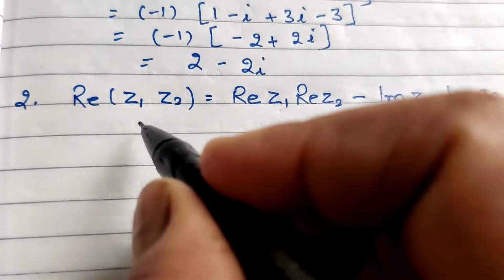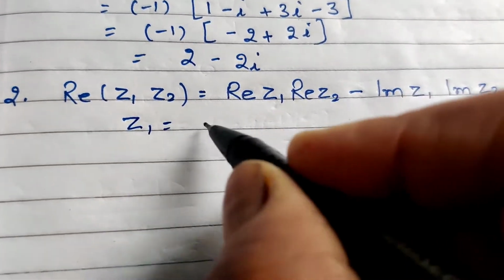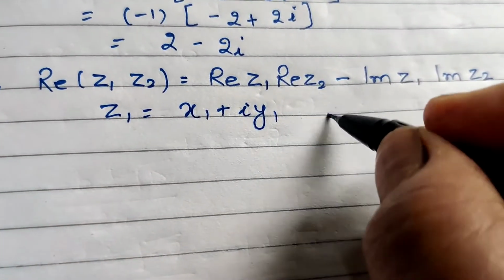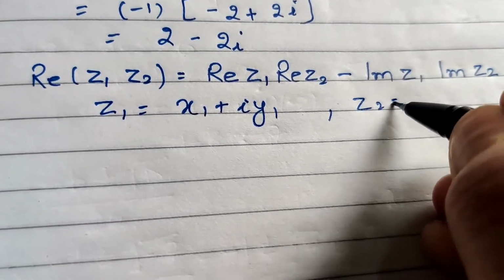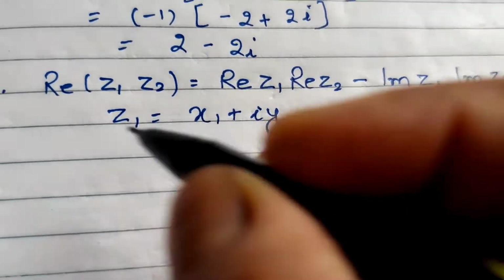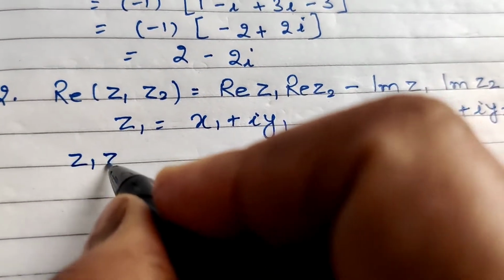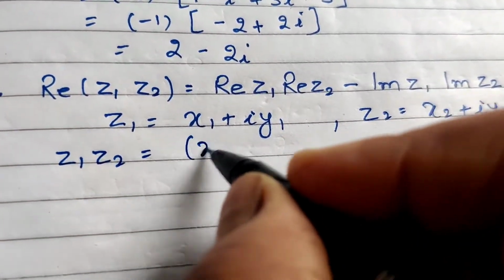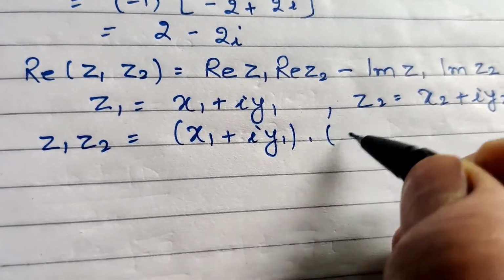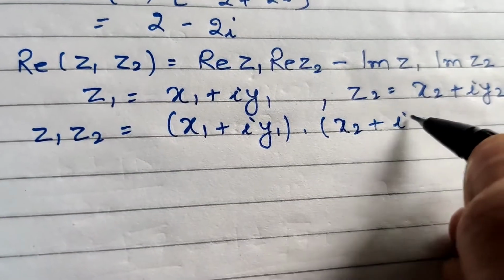Suppose we have two complex numbers z1 equal to x1 plus iy1 and z2 equal to x2 plus iy2. Okay, now the product of z1 and z2: x1 plus iy1 into x2 plus iy2.